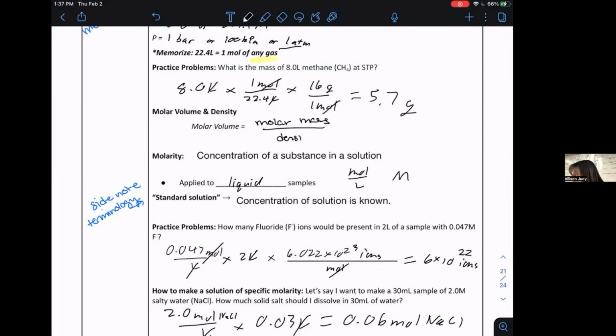From molar mass and density of a given substance, you have the derived units grams per mole over grams per liter, which would cancel out. If you have a denominator in the denominator, it becomes the numerator. So it would become liters per mole. That is your molar volume unit.